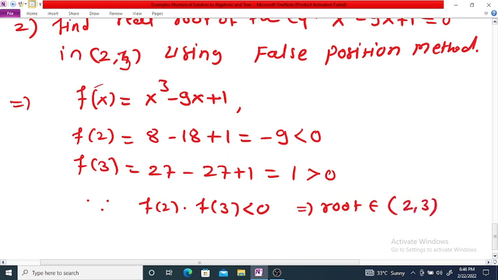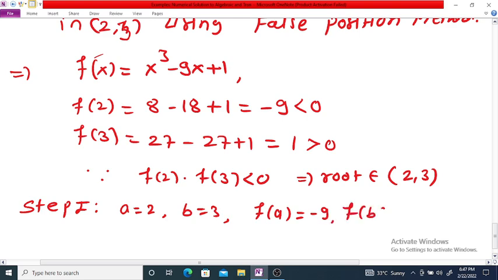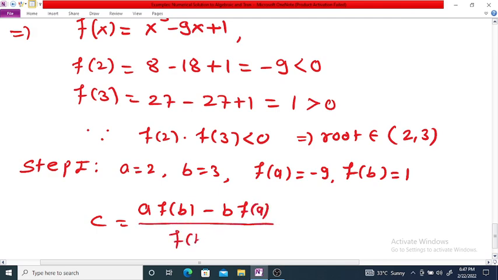Now step number one, we are going to apply the false position method to find the root of the given equation. Here a is 2, b is 3, f of a is equal to minus 9 and f of b is equal to 1. So c is equal to (a f of b minus b f of a) divided by (f of b minus f of a).